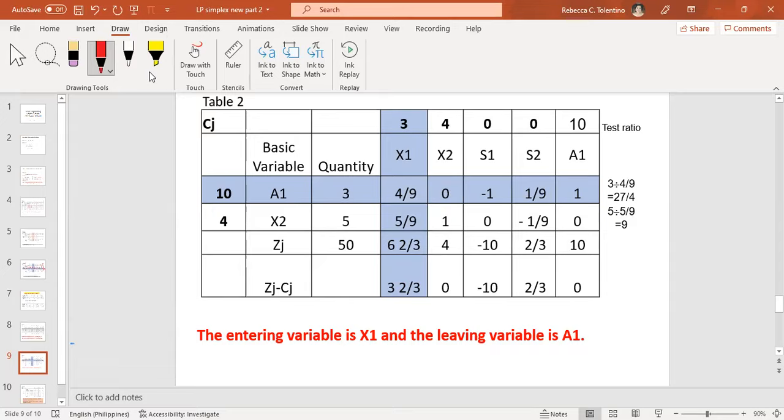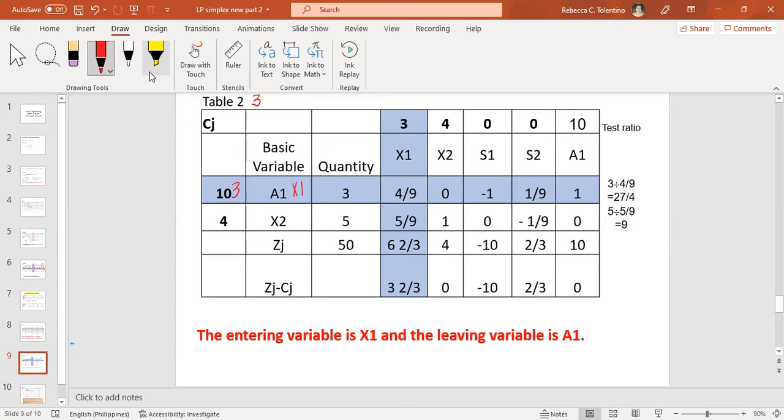So that means for table 3, I'm writing in red again the entries that we will have in table 3. So instead of A1, this will be X1. Instead of 10, this will be 3. So itong lahat ng to will be divided by 4 over 9. So it's like multiplying by 9 over 4.